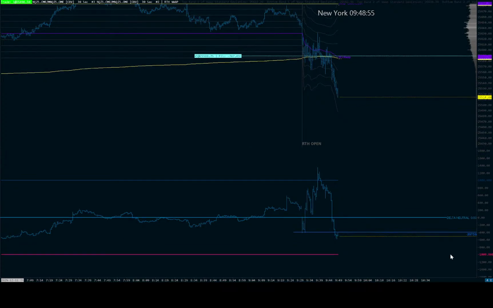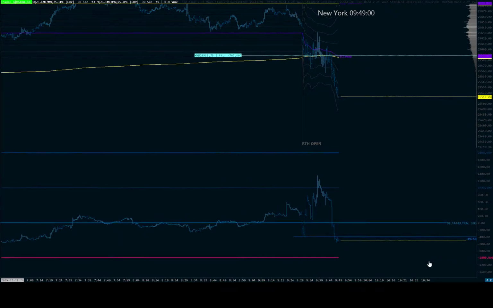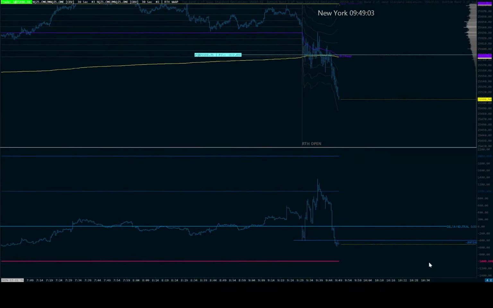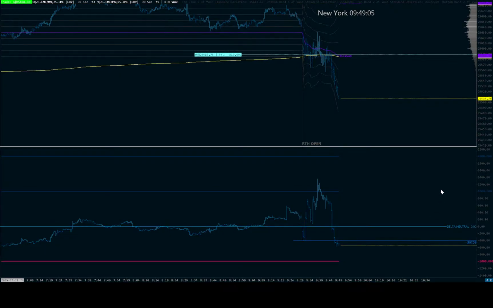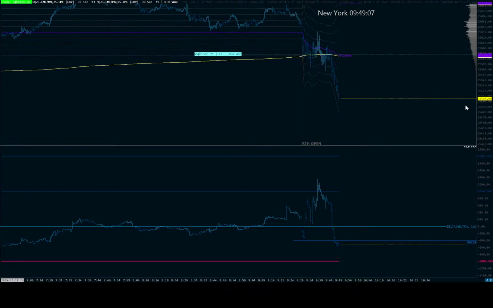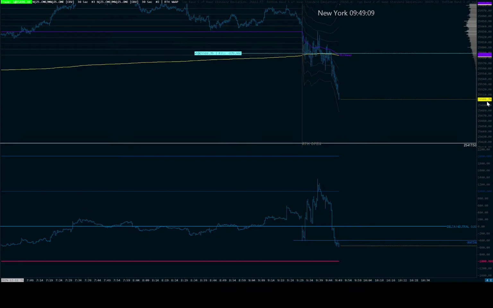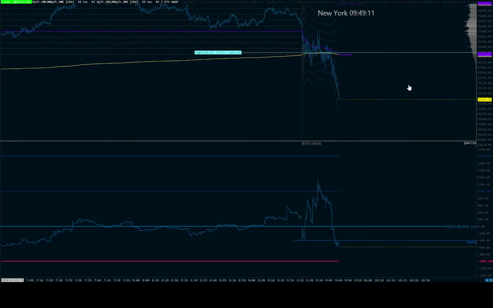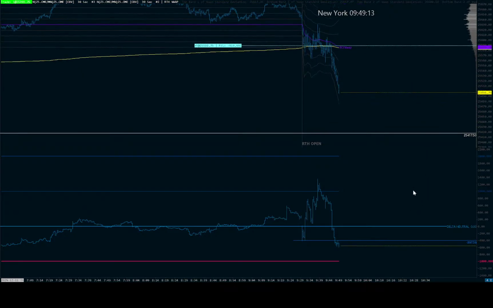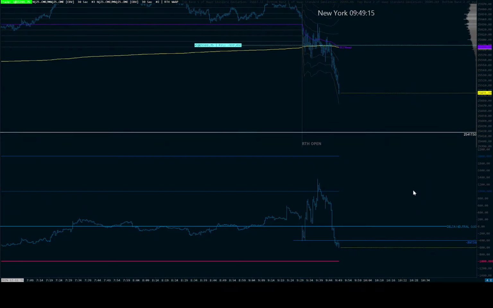Boy, these buyers, I thought they were going to be a little more aggressive there, but they are not. Let's see what happens here at this 1K level.